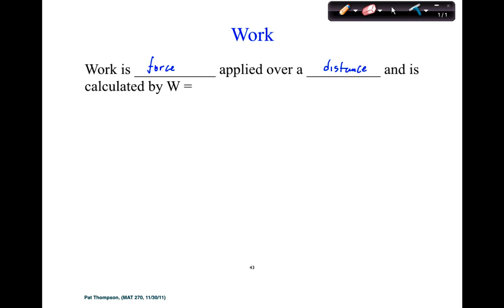The most basic way to calculate it is work equals F times d. Just in real simple terms, if I push this table with a constant force for 8 meters, how do I calculate the work? Force times distance.